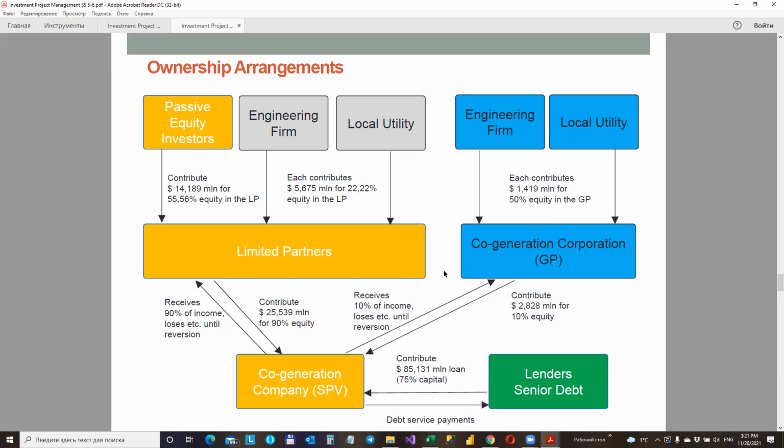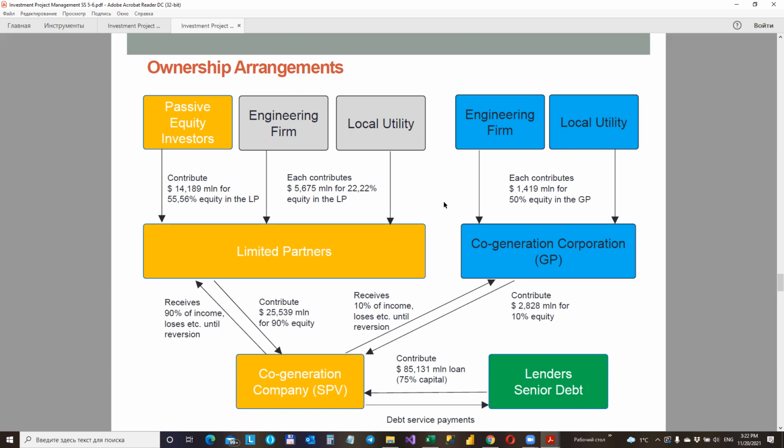Then we have other partners, the limited partners, and here our special purpose vehicle, the cogeneration company. If you recall the schemes from the previous lectures, it's very similar to those in real life projects.